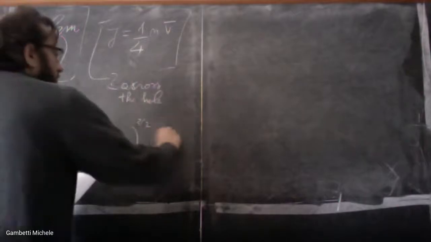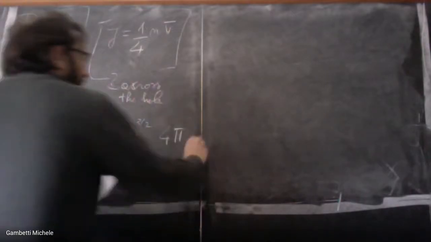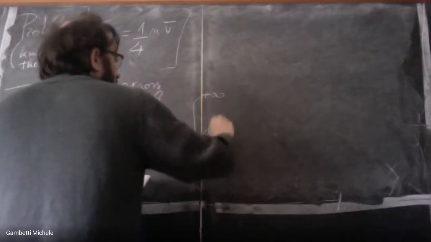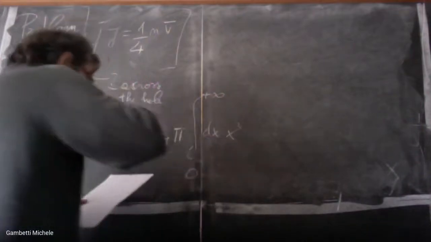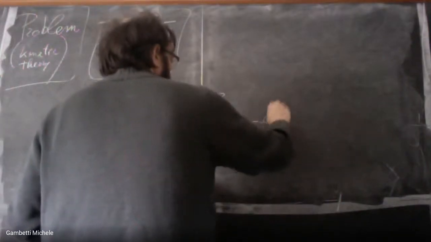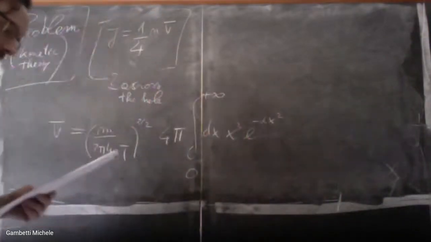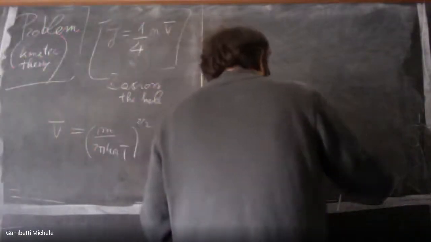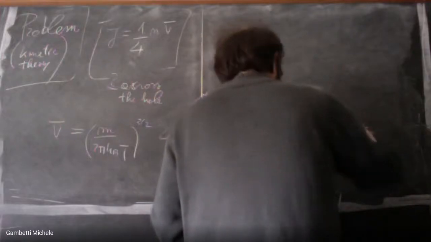Then, of course, I have a 4 pi. Then I have an integral from 0 to plus infinity of x cubed e to the minus alpha x squared, where I have indicated with x, of course, just the velocity, and alpha is a constant, which is m divided by 2 kBT.